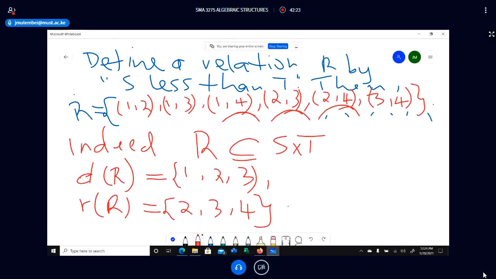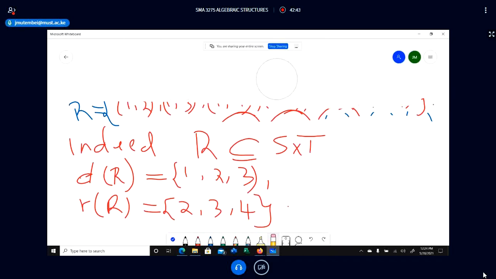Another example, supposing now in the same sets S and T, we vary our R and use a different relation, say the equality. I hope you can recall what our S and our T was.